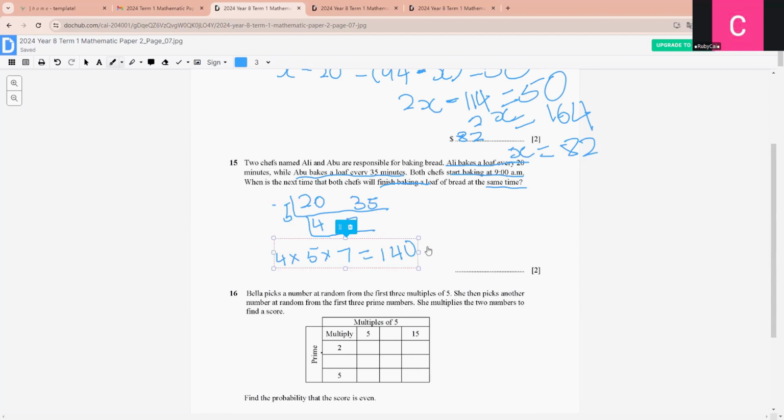And 140 is the minutes taken for each of them to end at the same time. But we're looking for the exact timing after 9 a.m. So using this, we can change it to hours and minutes. And it's 2 hours and 20 minutes. So that means next time they will finish baking a loaf of bread at the same time will be 11:20 a.m.